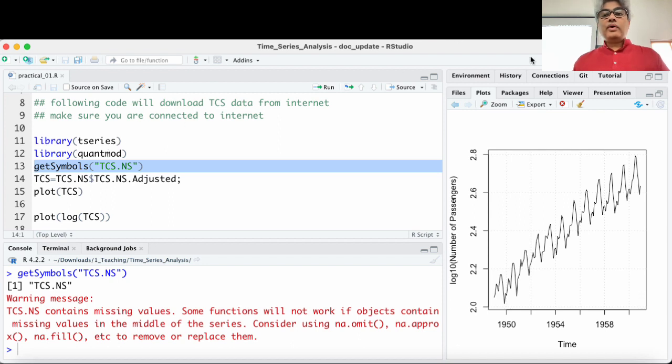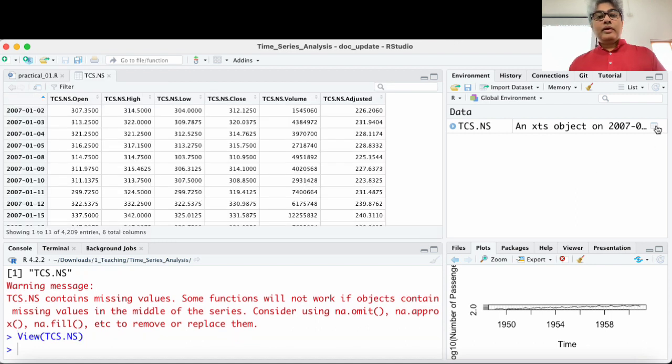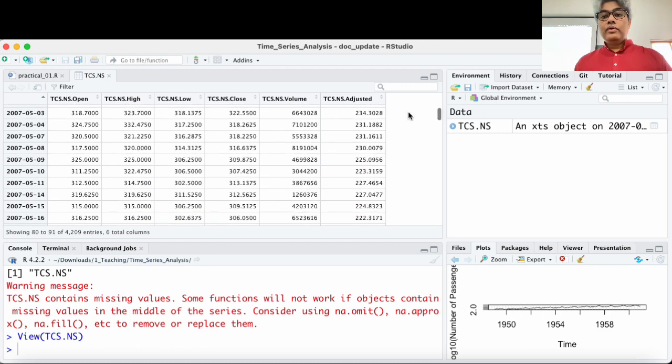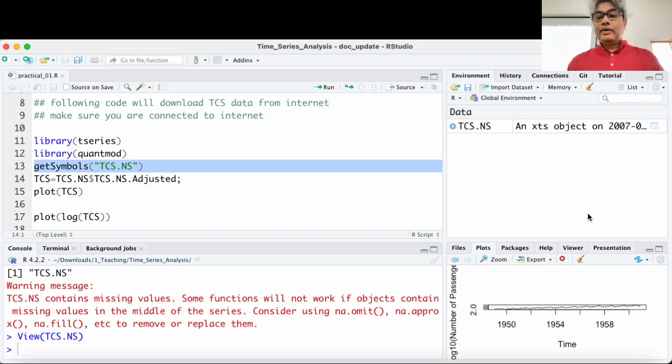This is part of the quantmod package, and you can see that there is a TCS.NS ticker, and the data is being downloaded from 2nd January 2007 till 15th Jan 2024. Today is 16th Jan, so till yesterday all the data was downloaded.